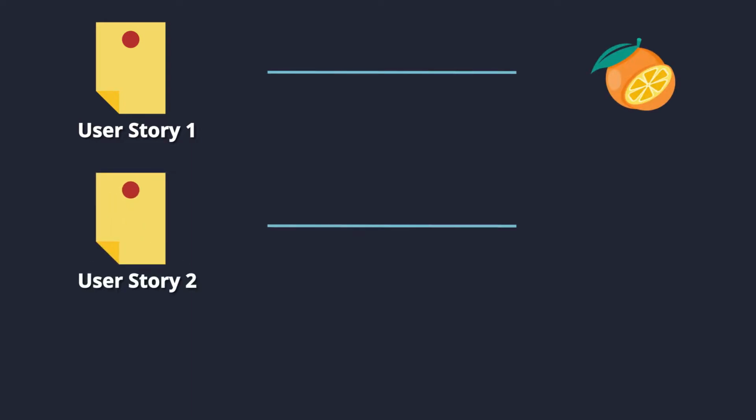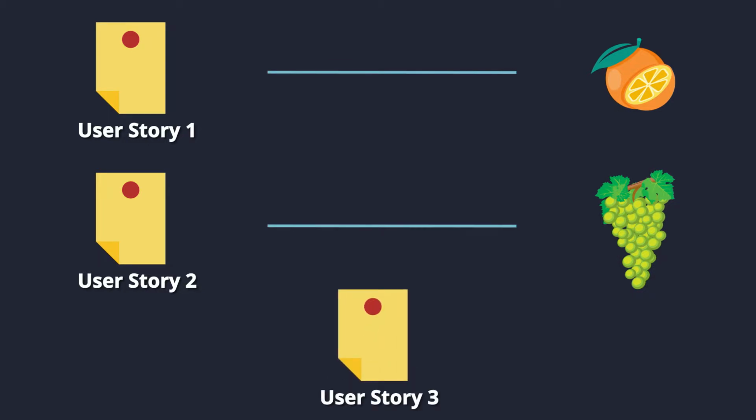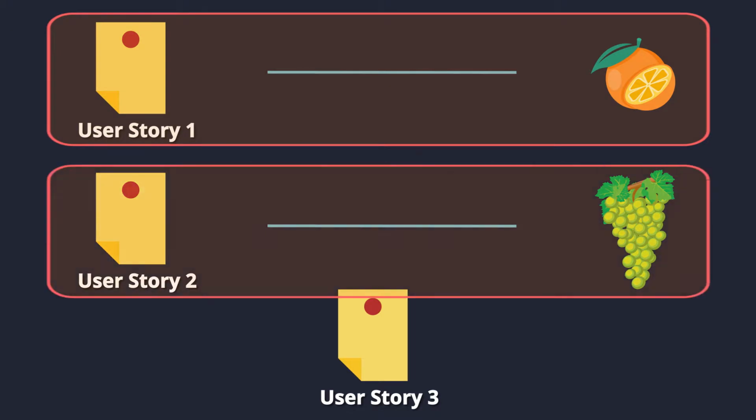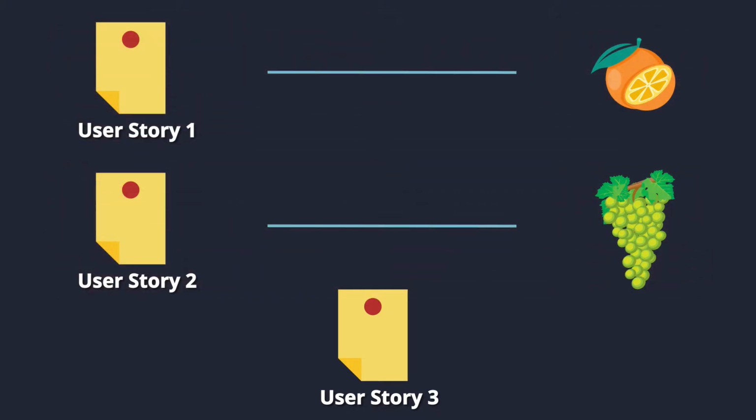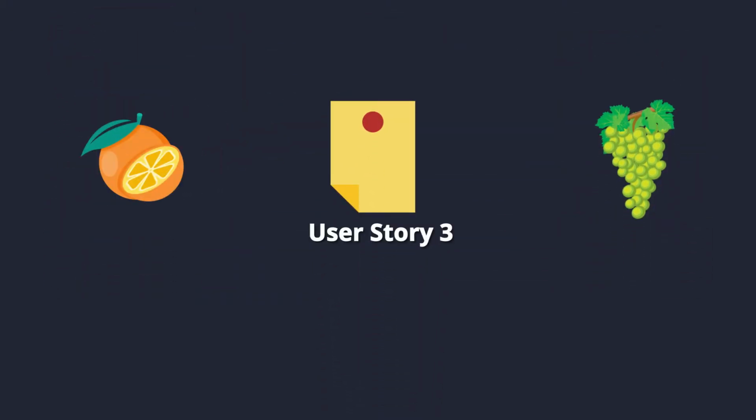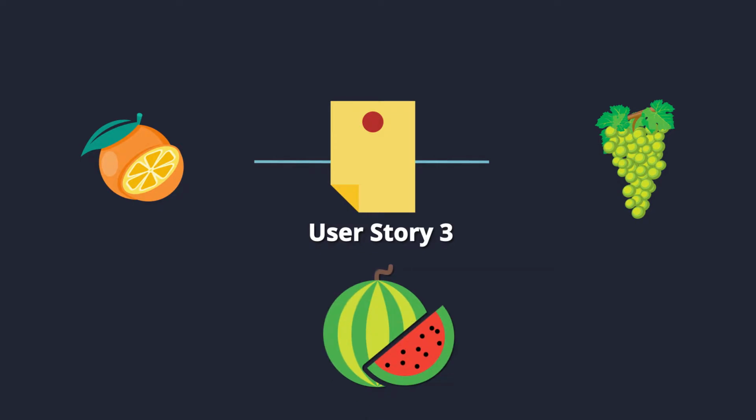For example, say you have one user story which is of size orange and one user story which is of size grapes. Whenever you are estimating a new user story, you compare it against these stories and arrive at whether the new story is of size grapes, orange, or watermelon.